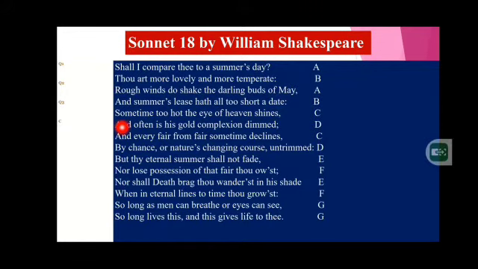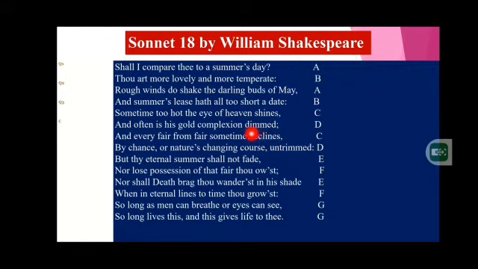Let's see how the second stanza is rhymed. Sometime too hot the eye of heaven shines, and often is his gold complexion dimmed. And every fair from fair sometime declines, by chance or nature's changing course untrimmed. So line number 5, the word shines, rhymes with the word declines. You can see shines and declines.